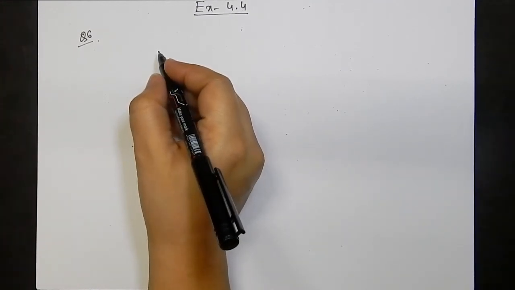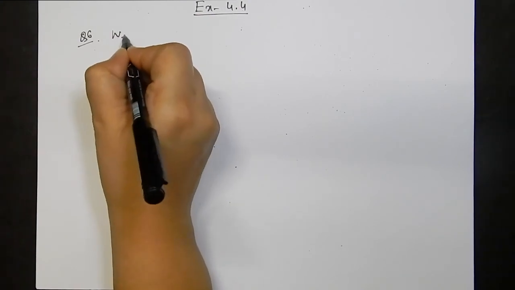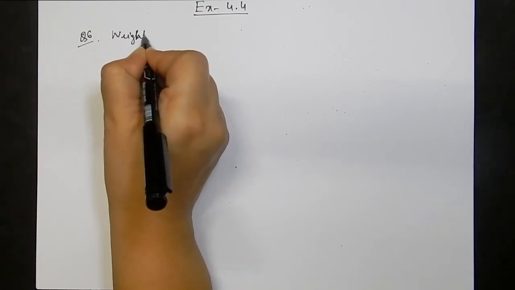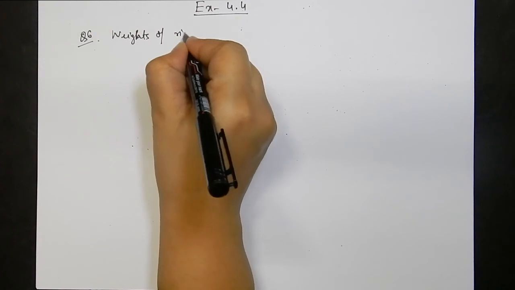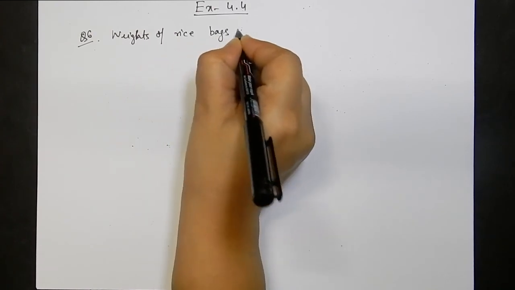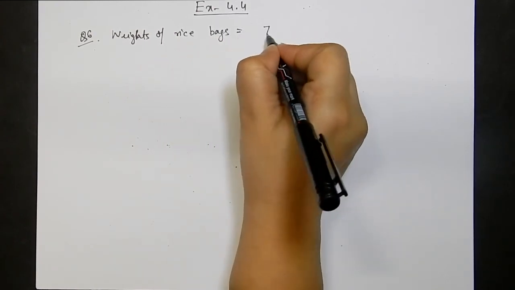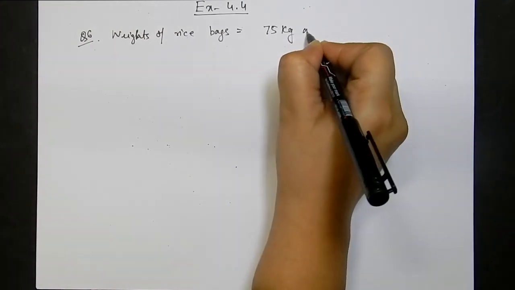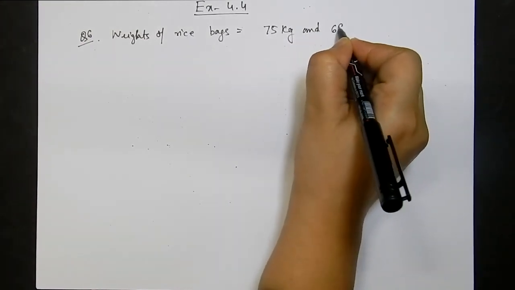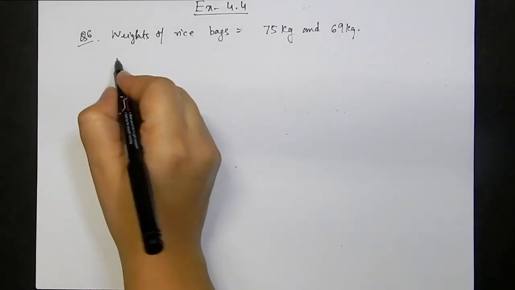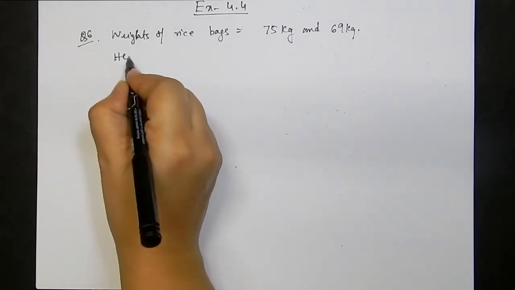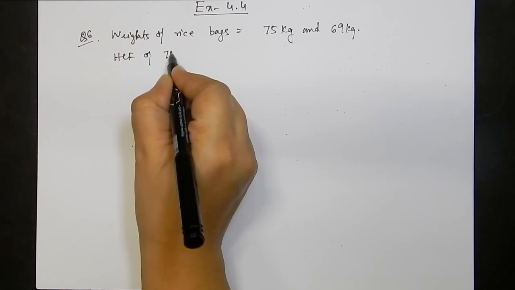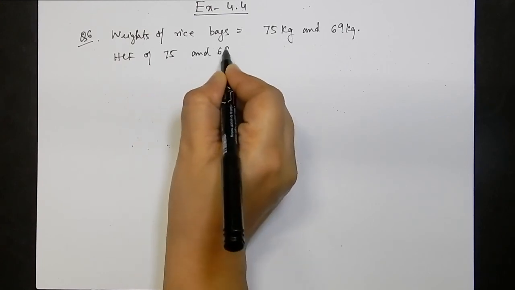So let's write the statements first. We have 2 bags of rice of weight 75 kg and 69 kg. So we'll write weights of rice bags is equal to 75 kg and 69 kg. Now let us find out the HCF of 75 and 69.